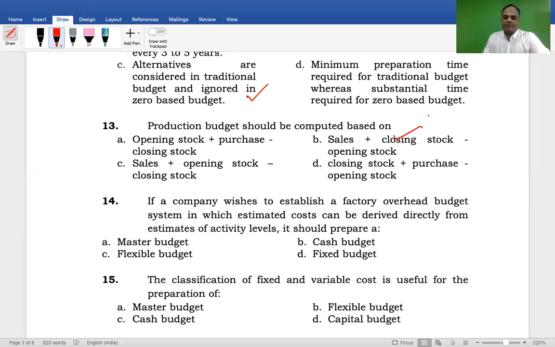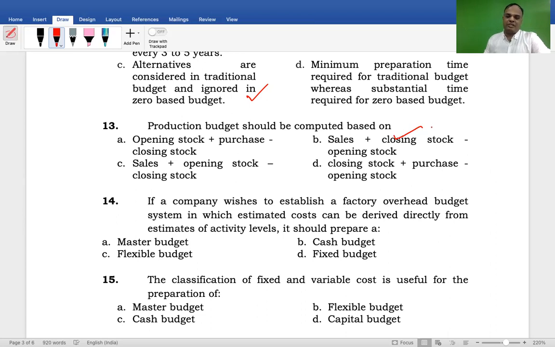If the company wishes to establish a factory overhead budget system in which estimated cost can be derived directly from the estimated activity level, it should be prepared as master budget, cash budget, flexible budget, fixed budget. I'll repeat once again.